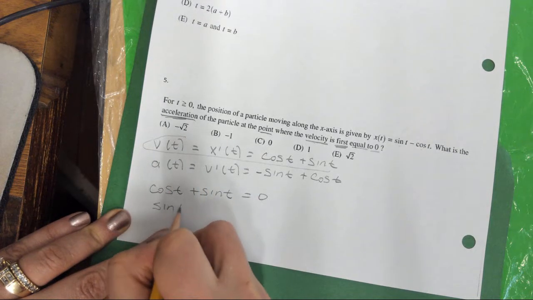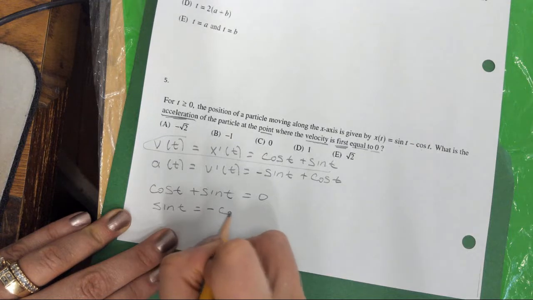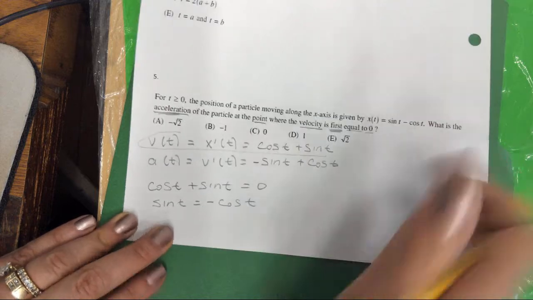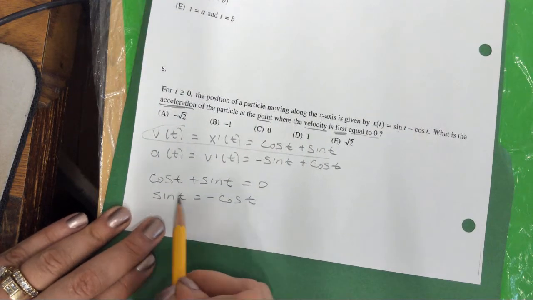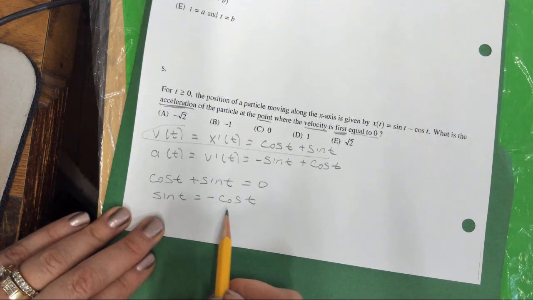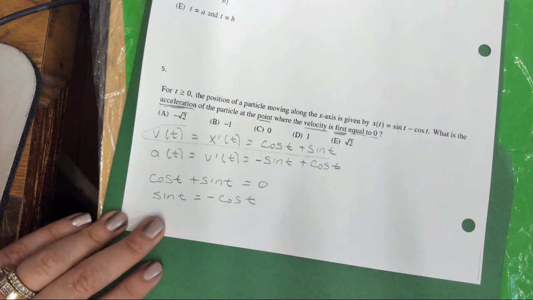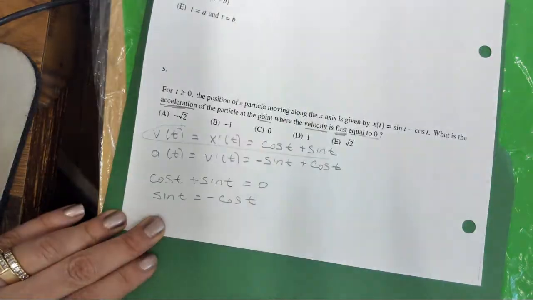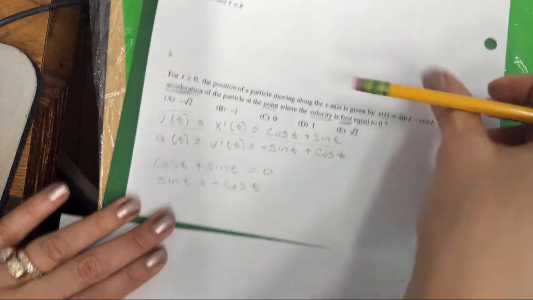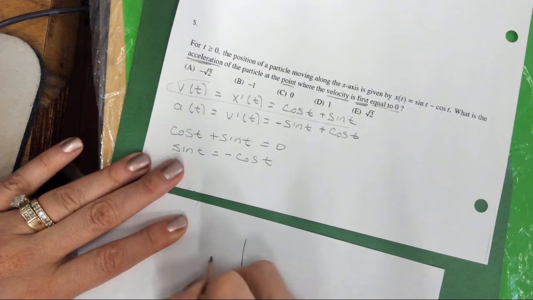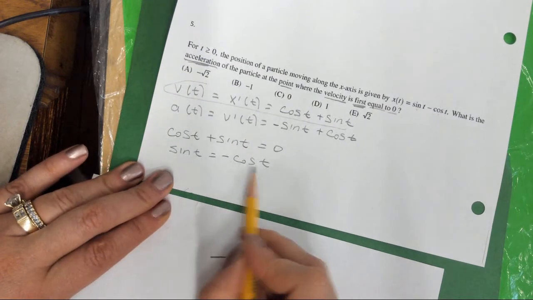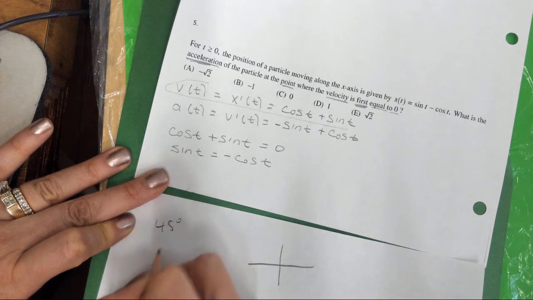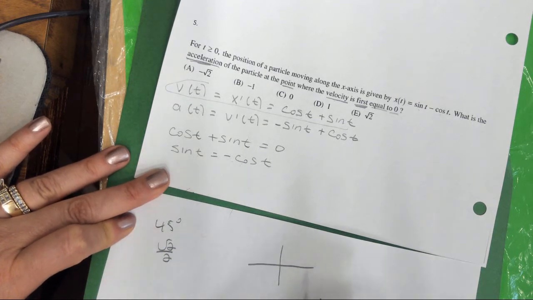It doesn't really matter which I subtract, because what I'm looking for is where sine and cosine are equal but opposite signs. Where are they equal? If I go back to this chart, I know they're both radical 2 over 2 at 45 degrees.